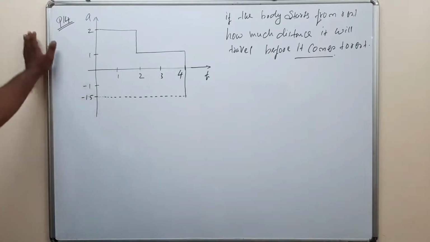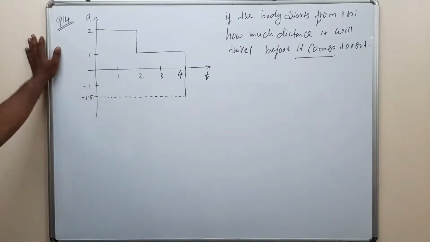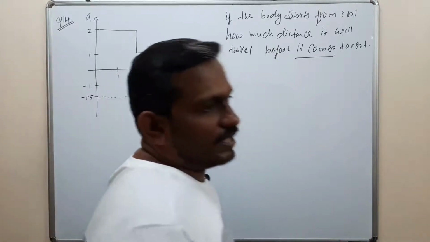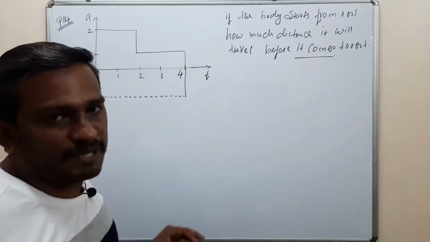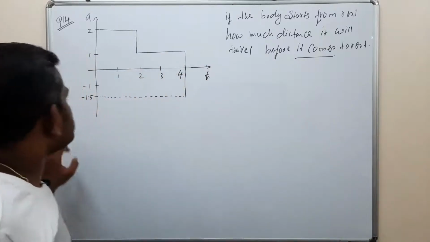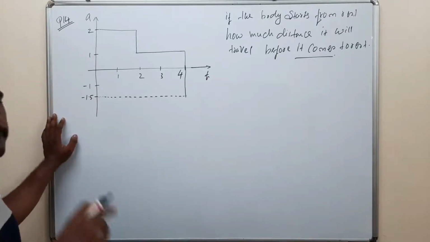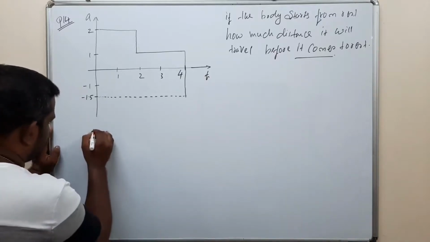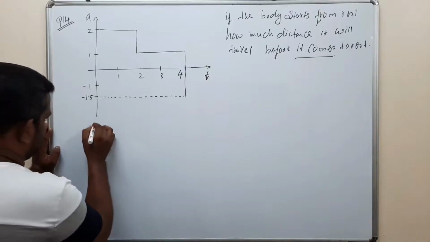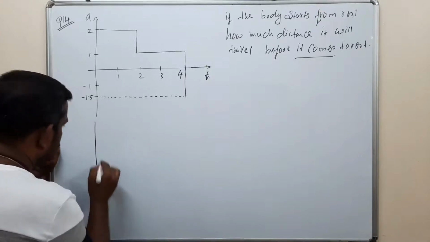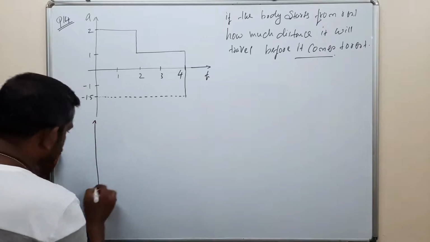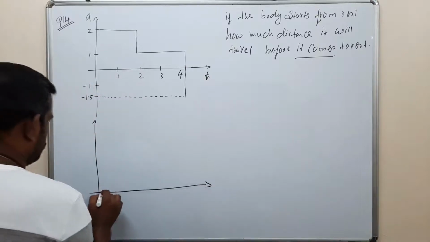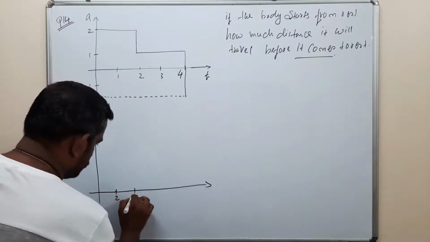So this is the acceleration time graph. From the acceleration time graph we can't find the distance traveled by the body. We can find the distance traveled from the velocity time graph. So what we are going to do is draw a velocity time graph for this acceleration time graph.